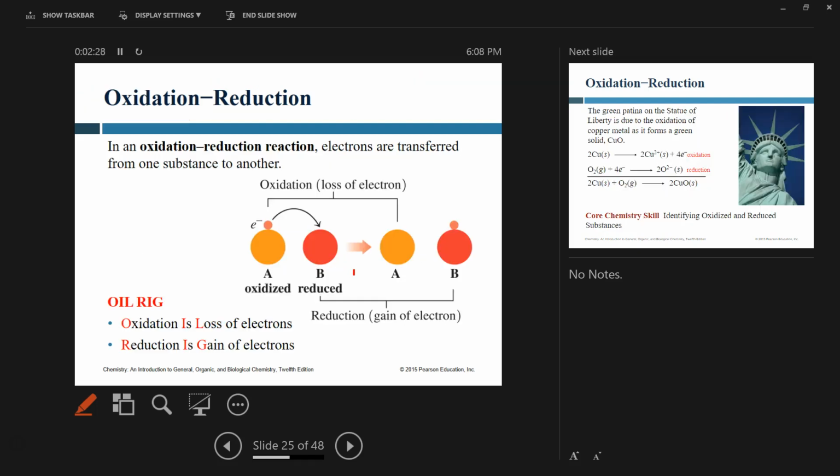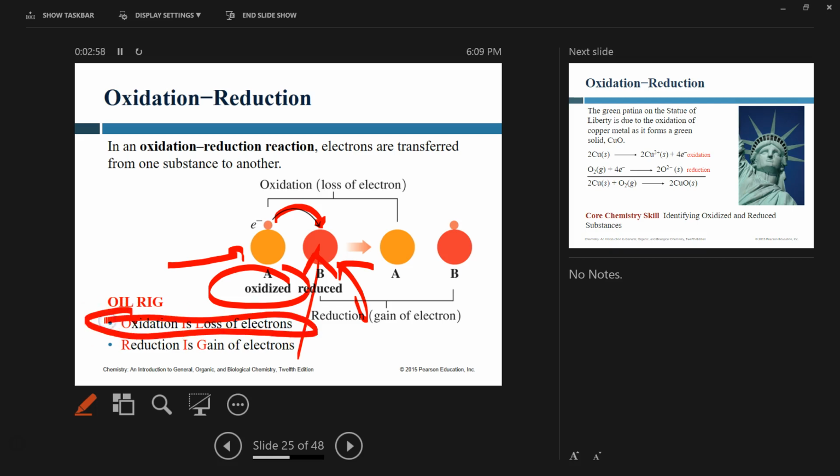So what essentially happens in an oxidation and reduction reaction? Here you have two compounds, A and B. Compound A loses its electron, giving it to compound B. So compound A is considered to be oxidized. That's the basis of a mnemonic rule, OIL RIG.